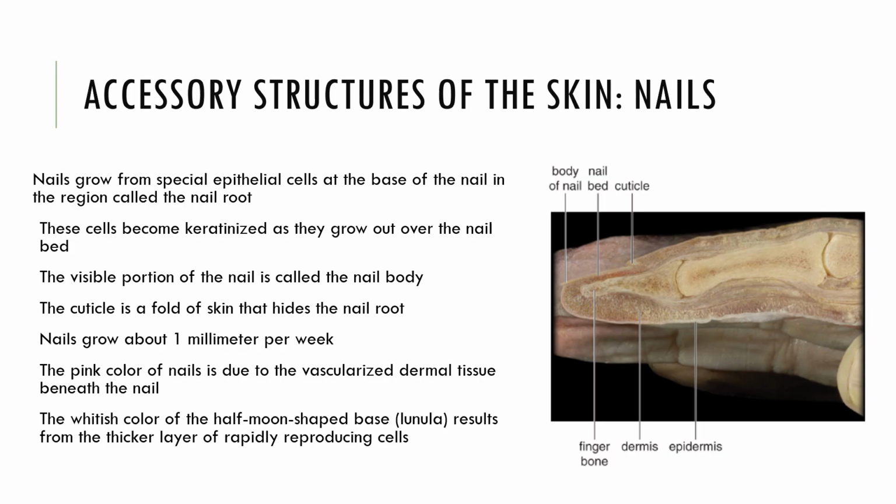Nails extend to form the nail body, which is the visible portion of your nail, and the free edge. This is the part that extends beyond your fingertip. So nails grow about 1 millimeter per week.